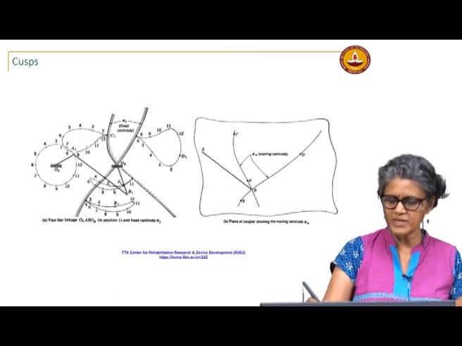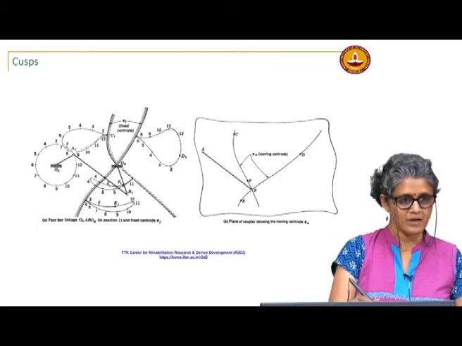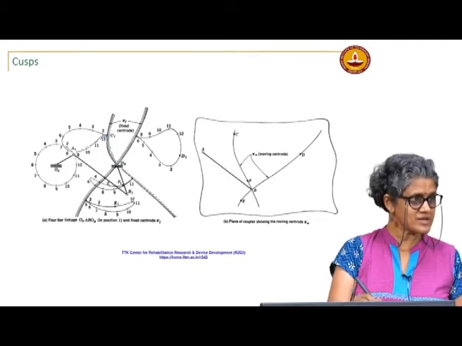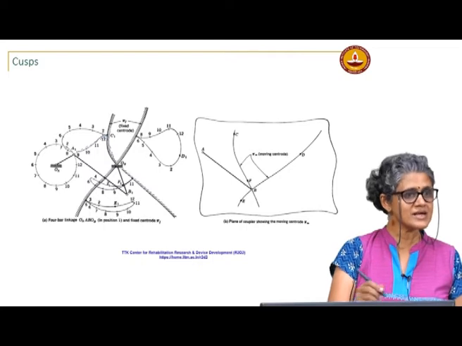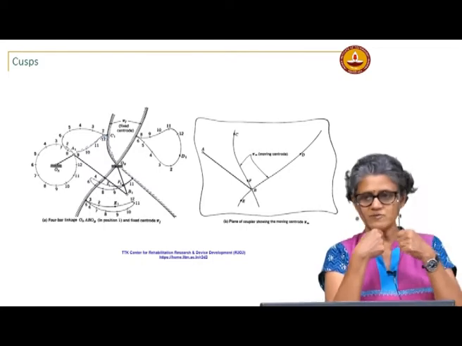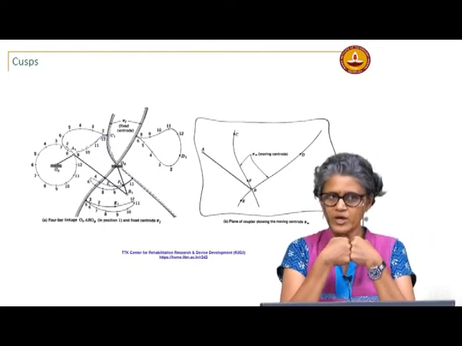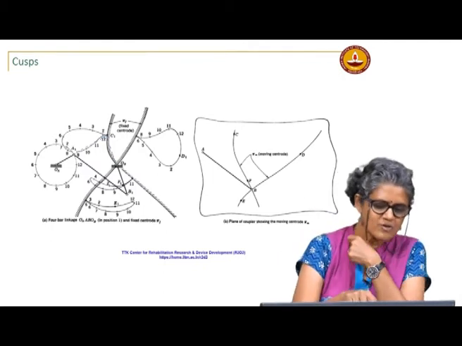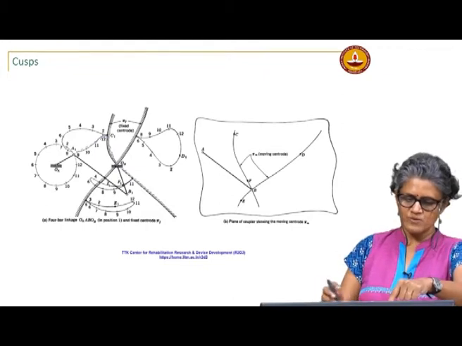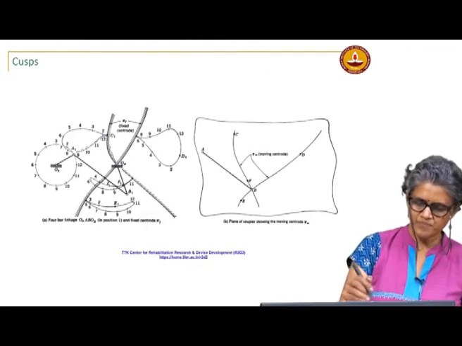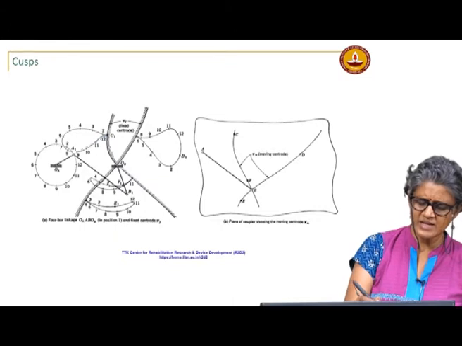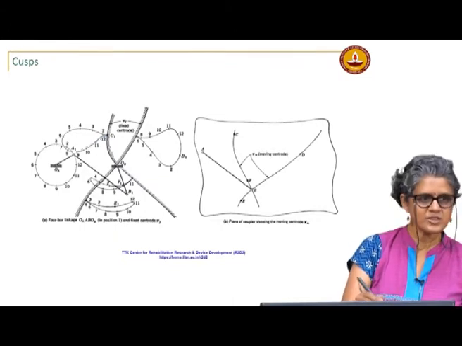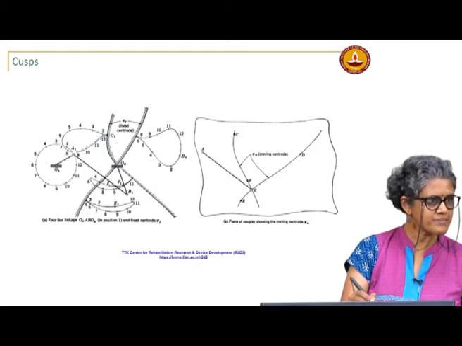The coupler point that I have chosen is contacting the fixed centroid because it is the instant center at that point. The moving centroid, when it contacts the fixed centroid, that point is the instant center. So, here for position 1 you see that that is the instant center and you see that there is a cusp in the path of the coupler point.